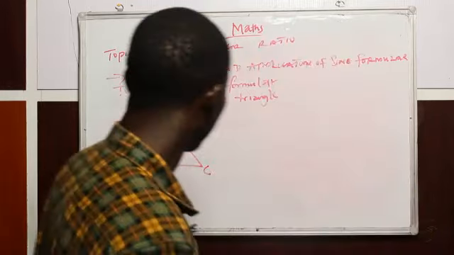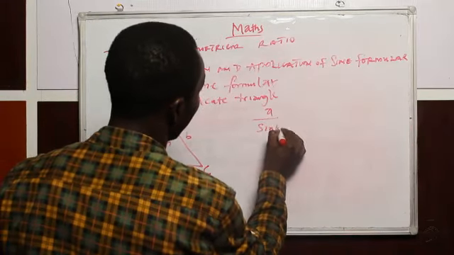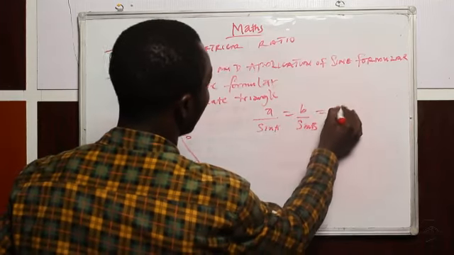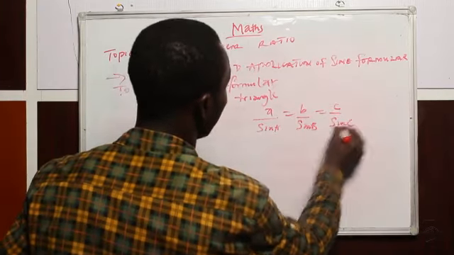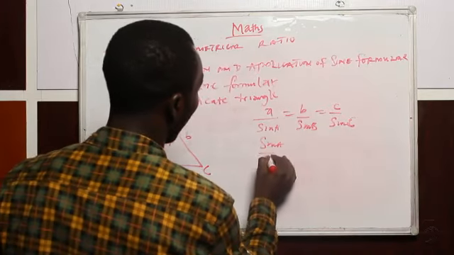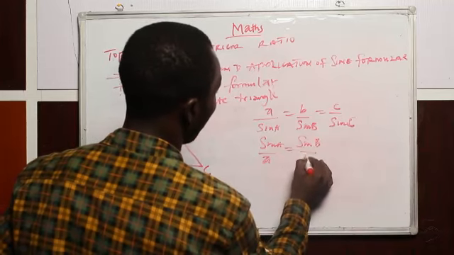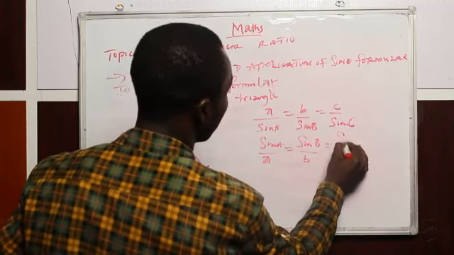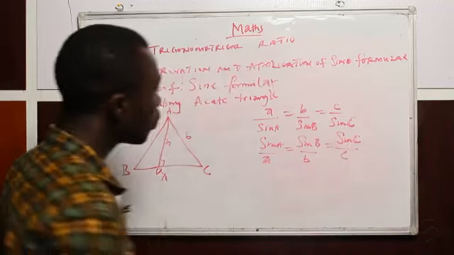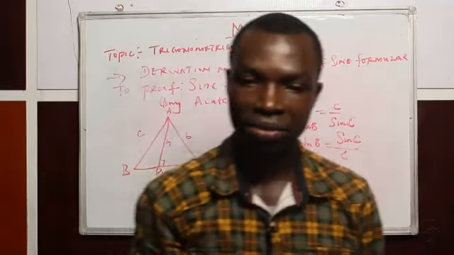We want to prove that a over sine A is equal to b over sine B is equal to c over sine C. Also, we can say sine A over a is equal to sine B over b is equal to sine C over c. So this is what we want to prove, the sine formula and its application.